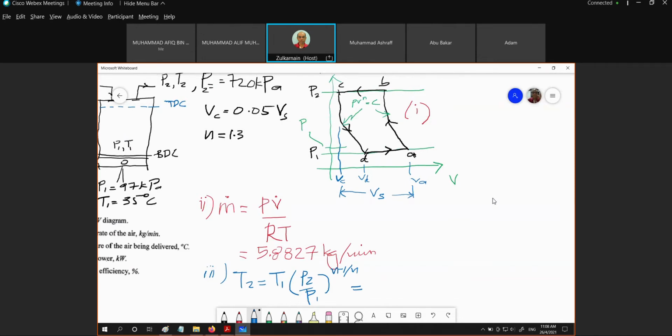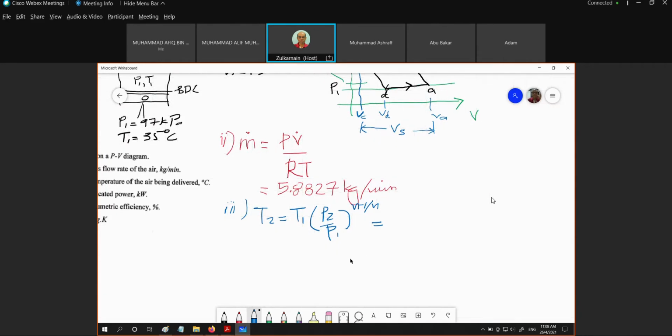The compression begins at P1, T1, not at P and T. So you need to use T1 here, not T, and for the pressure you use P1, not P. Unless the question tells us that the end of the induction stroke condition and the ambient or free air delivery condition are the same. But as far as the formula is concerned, this is the formula.